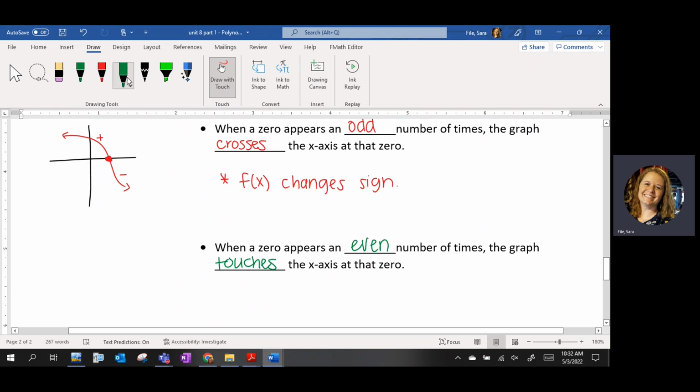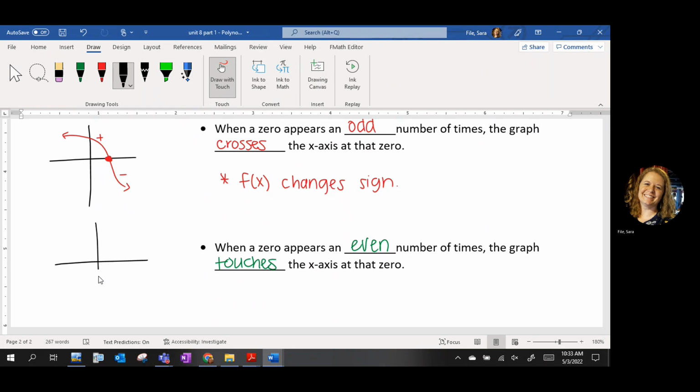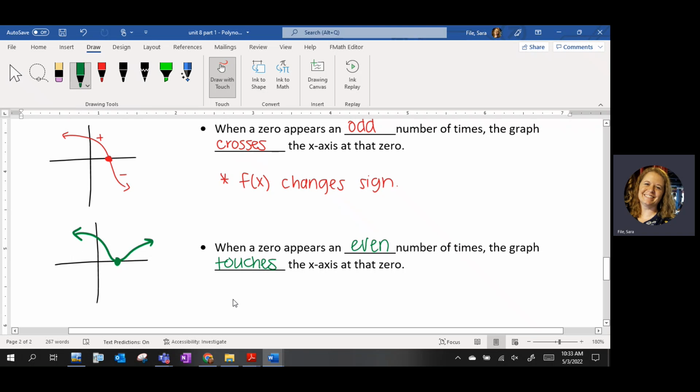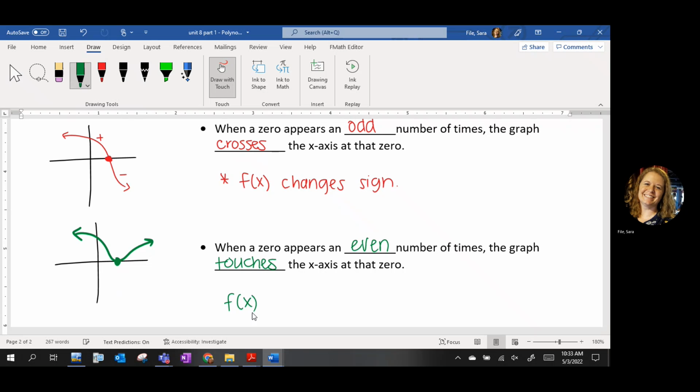So graphically, that would look something like this. It comes and it touches it, but it doesn't cross it. So in that case, your function does not change signs.